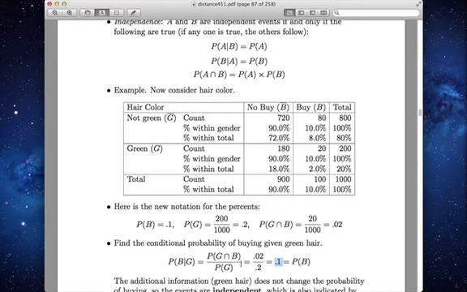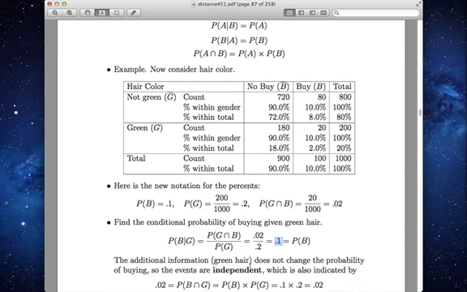So my point here is that the additional information of green hair, so if I tell you the probability of buying given green hair is 10%, that doesn't change the probability of just buying, of anyone buying. So this additional information doesn't help. Therefore, we say that buying is independent of the hair color in this example.